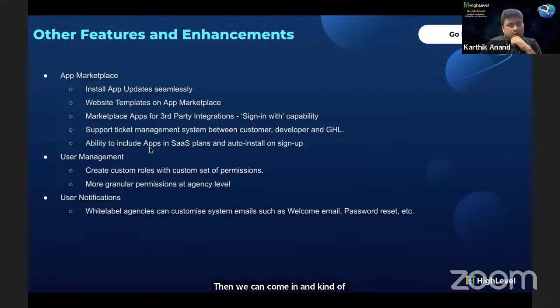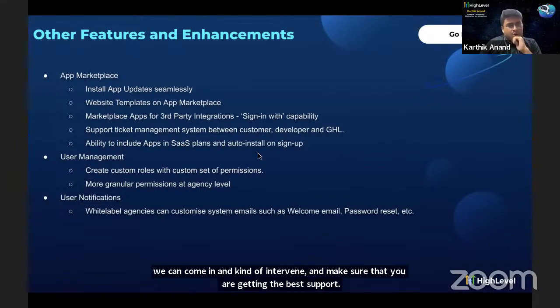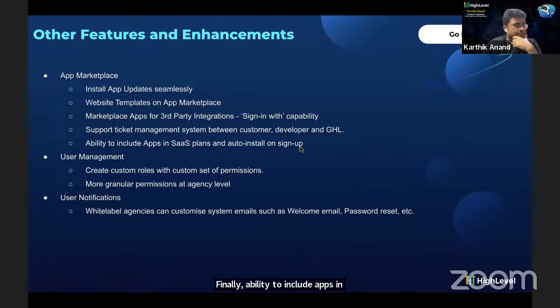Finally, the ability to include apps in SaaS plans and auto install on sign up. This is critical if, let's say, you have snapshots which require some custom workflow actions and triggers. So you have a great starter kit you have created and customized, and you have assigned it to, let's say, a SaaS plan called real estate.